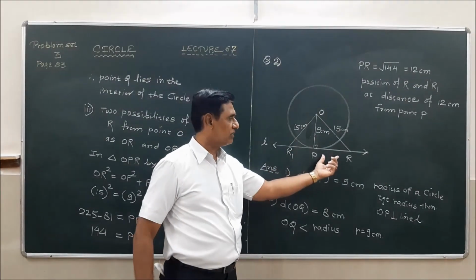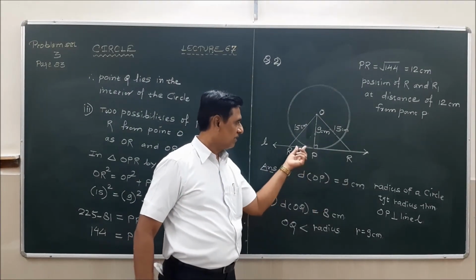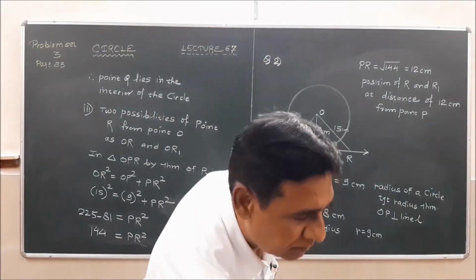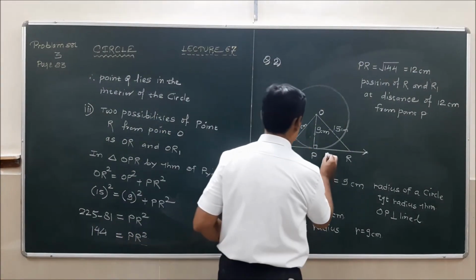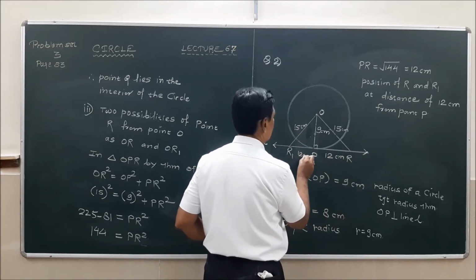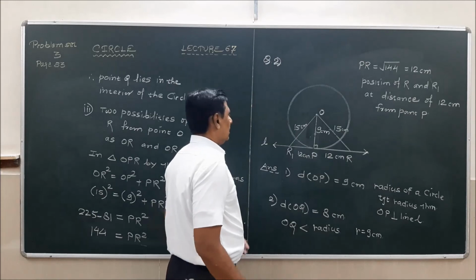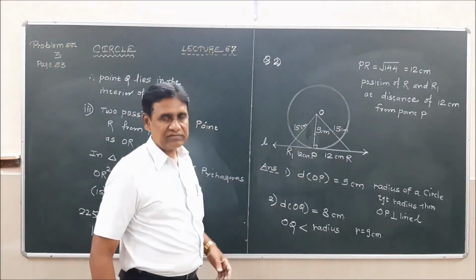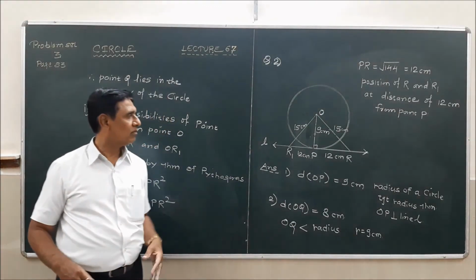That is 144. So this is 12 as well as this is also 12. So point R1 and R are at a distance of 12 centimeter from point P.